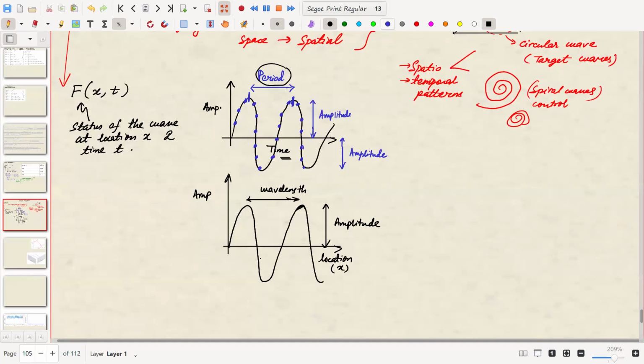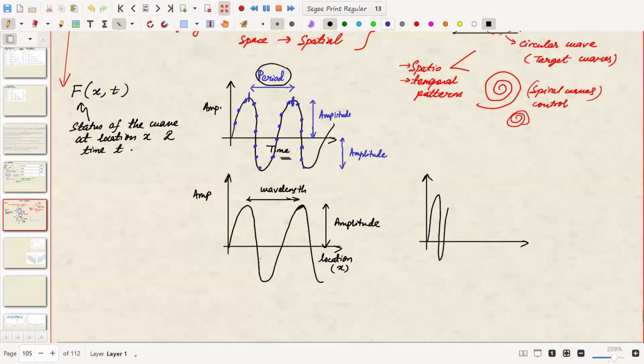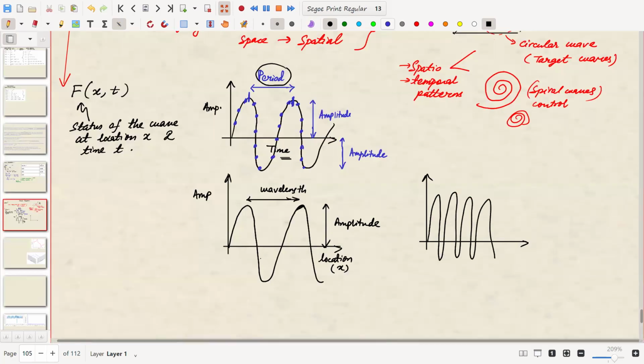Frequency is the number of oscillations per second, isn't it? So if you see this, suppose this is 0 to 1, and this is 0 to 1.